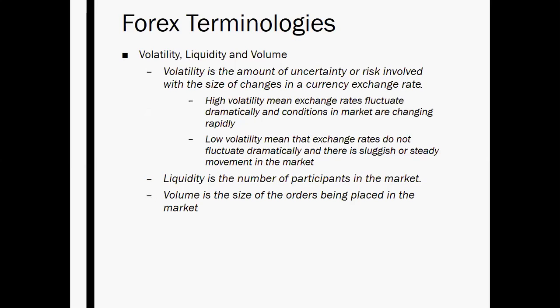And the good side of this is that when there is high volatility, that means that the exchange rates are fluctuating dramatically and the conditions in the market are changing rapidly. And this is the trader's paradise. This is where a trader can make a lot of money. And at the same time, don't forget the other side of the coin. It's also the place where a trader can lose a lot of money.